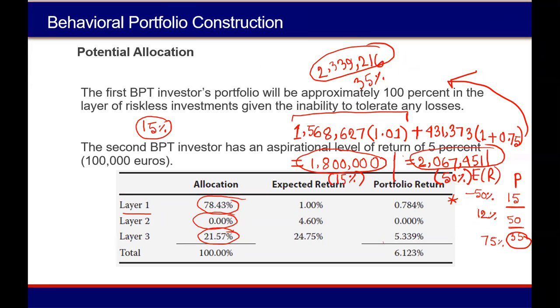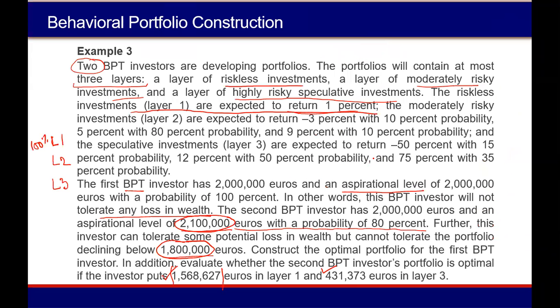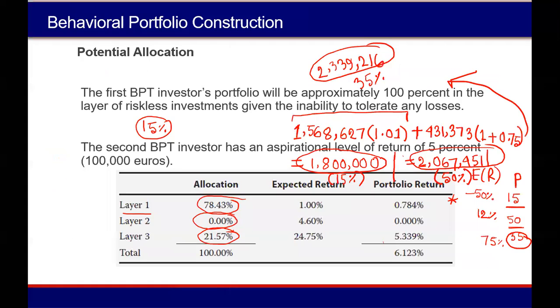It is not below 1.8 million, right? Yes, sir. In any of these three cases, it is at least 1.8 million. I mean, his safety objective, that he cannot tolerate the portfolio declining below 1.8 million euros, is perfectly satisfied.